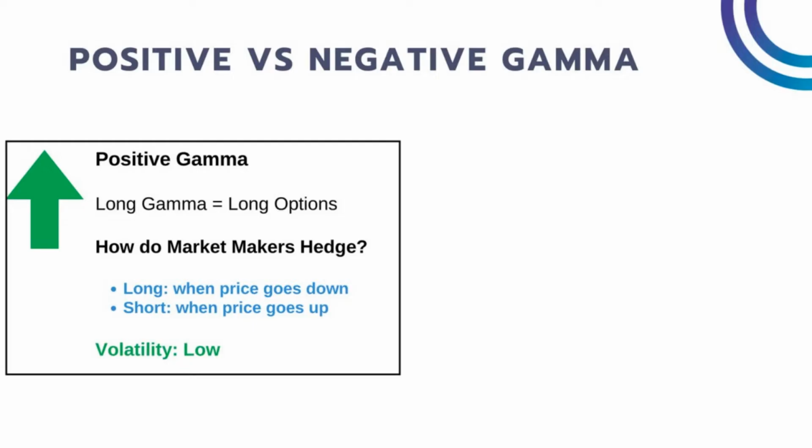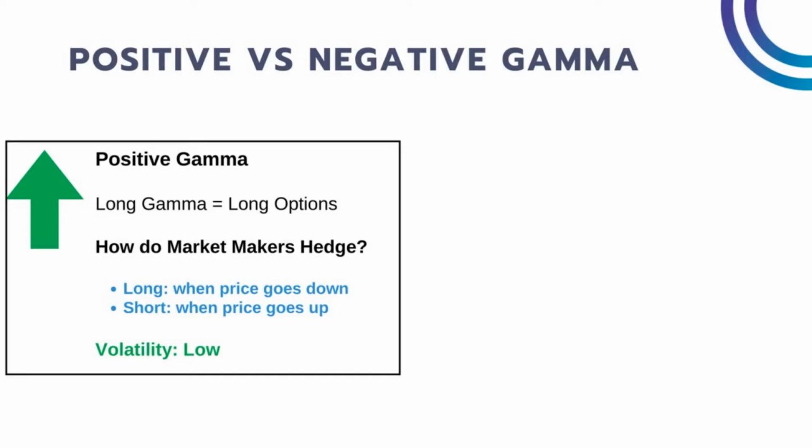In positive gamma, the overall market exposure is long options, which means that participants, investors, have been buying more options than selling. So how does the market maker hedge in positive gamma? The market maker buys when the underlying falls and sells when the underlying goes up.